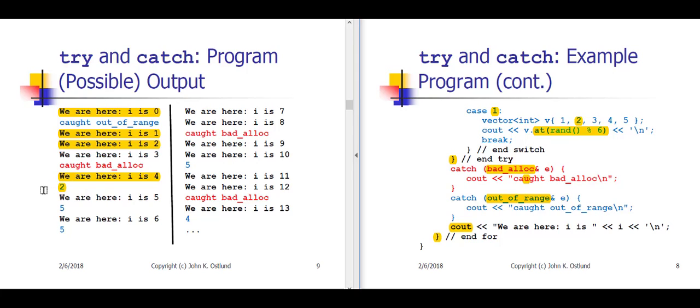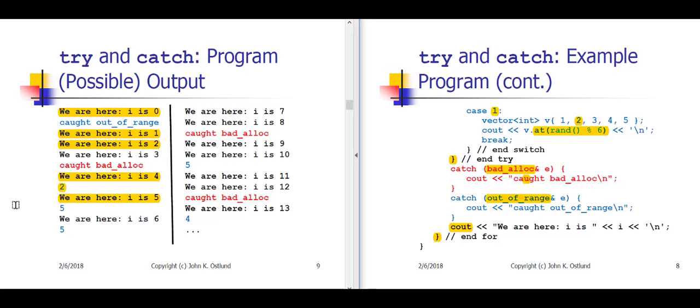So we have a successful access of one of the vector elements in this case. There's no exception displayed, and we come down to the last cout, which tells us "we are here, i is 5."